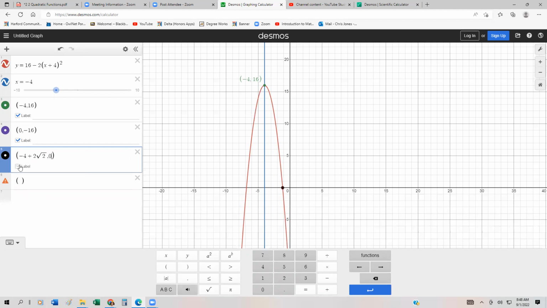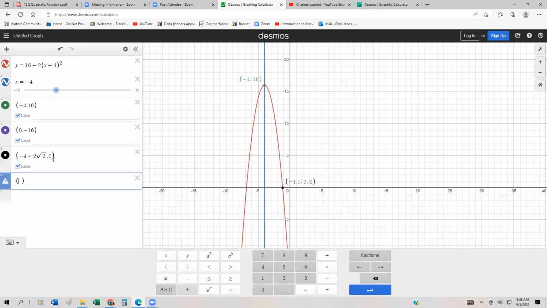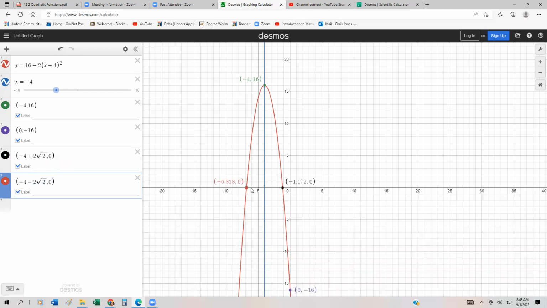All right. And there we go. It's right there. That's perfect. Okay. And then the other one, I'm just going to copy this and just change it to a minus. All right. So change this guy to a minus here and label it. And there we go. There's the other x-intercept. Okay. So those are the key components of our parabola.